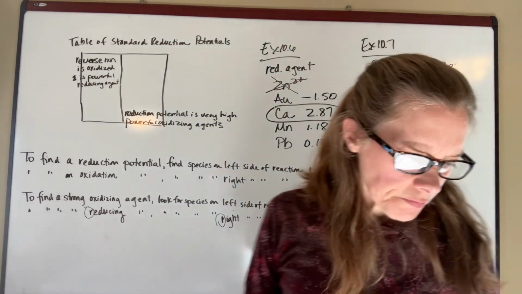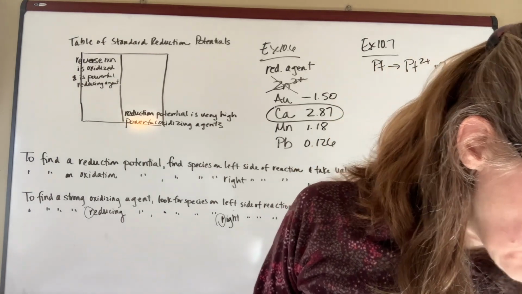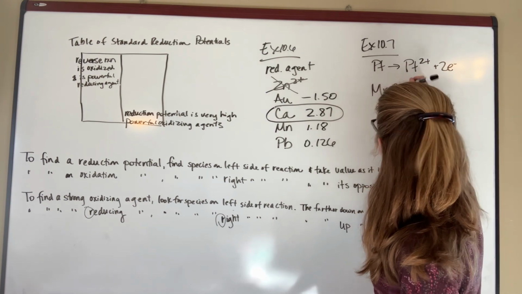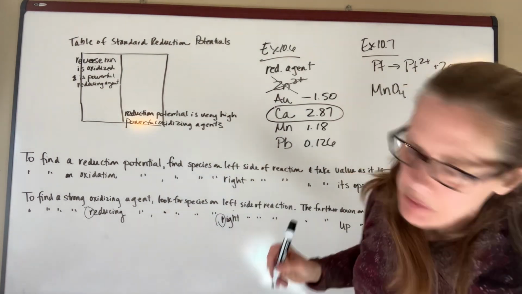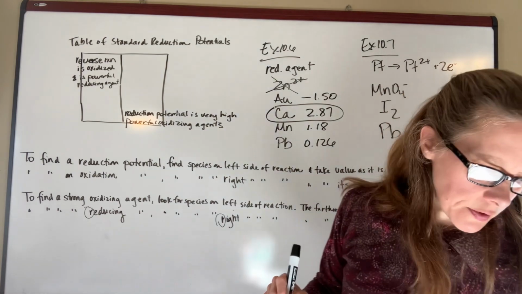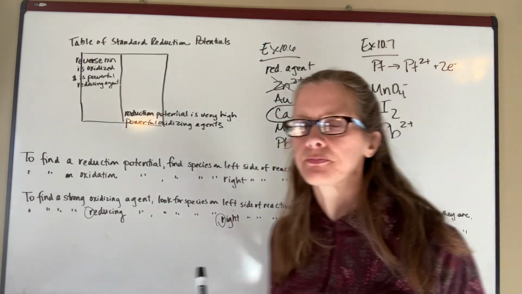I want to do that, and I want to know which one of these is going to be the best to use, whether it's permanganate, iodine, or lead 2+. Makes a difference, doesn't it?